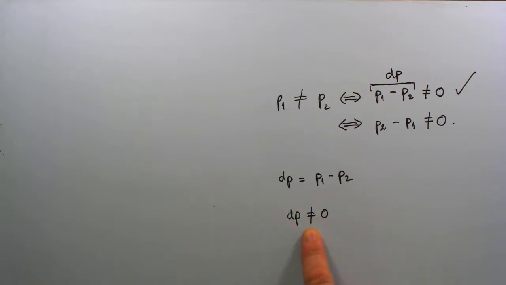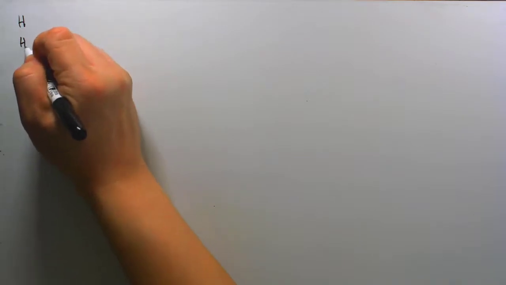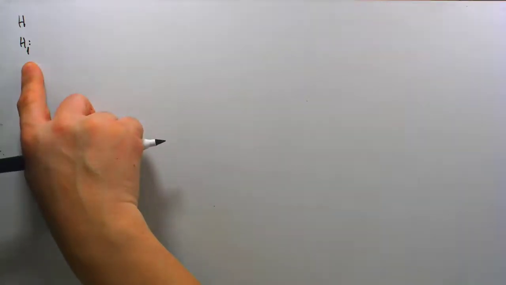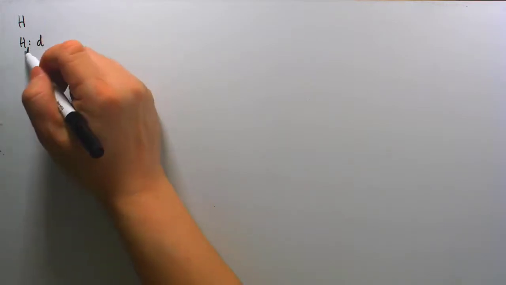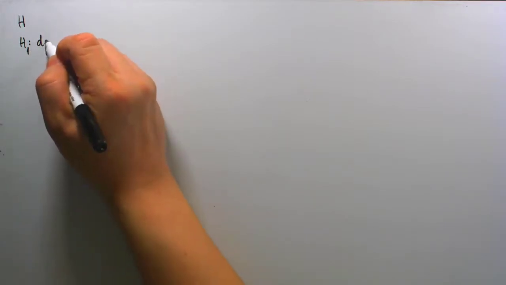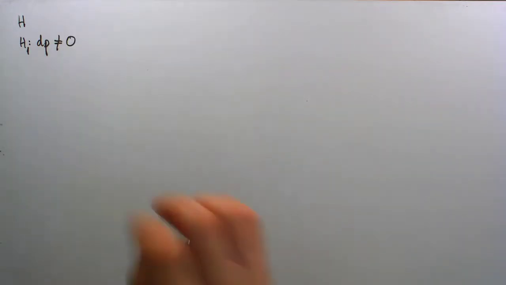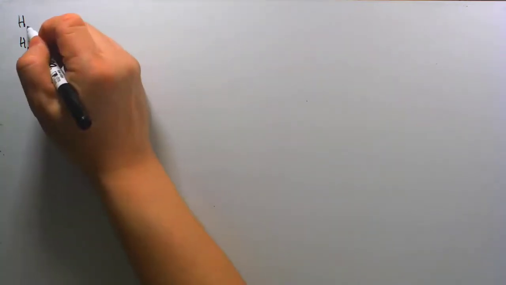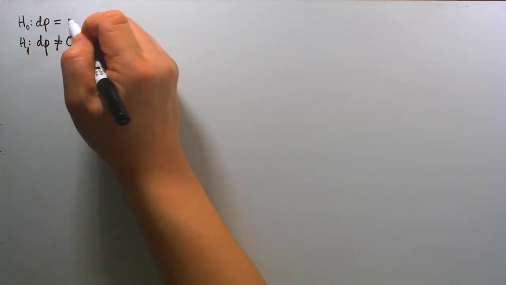And so this is how the wording from the statement led to this final statement. Now, as the first step in testing a hypothesis, we need to identify our two hypotheses, H0 and H1. And as usual, H1 is always the easier one to find. So here our H1, the alternative hypothesis, says dp is other than 0. Once we have identified our H1, H sub 0 comes out as easy as writing dp is equal to 0.